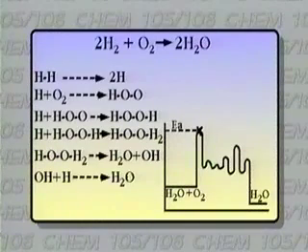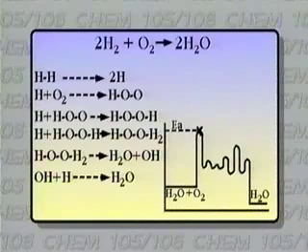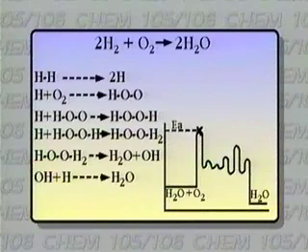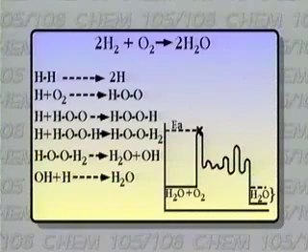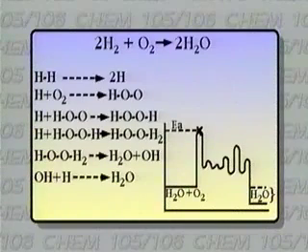So if we look at this graph over here, this is an exothermic process; energy is given off in this reaction. My film was kind of curling up there. Notice the difference here between our starting material and our product. This corresponds to the heat energy that we're going to get out of the reaction.